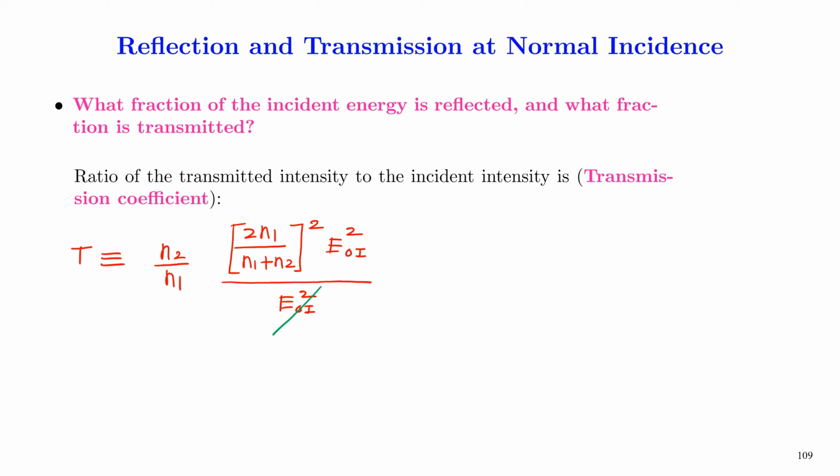The two E0I's get cancelled, and with further simplification, it becomes 4N1 N2 over N1 plus N2, the whole square. So we see that the fraction of energy that is transmitted to medium 2 is dependent on the refractive indices of the two media.